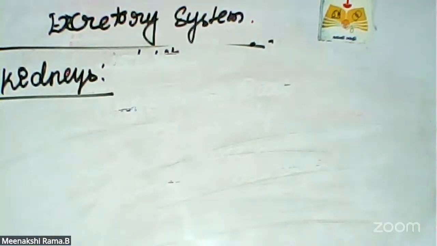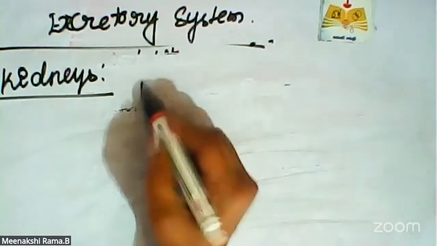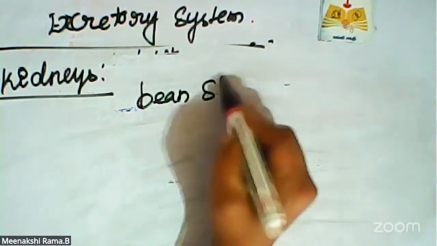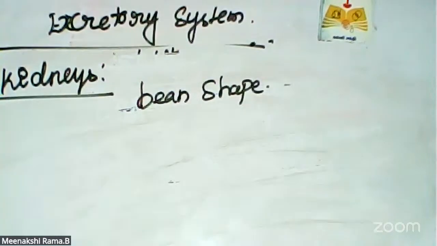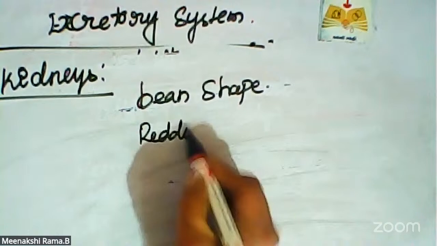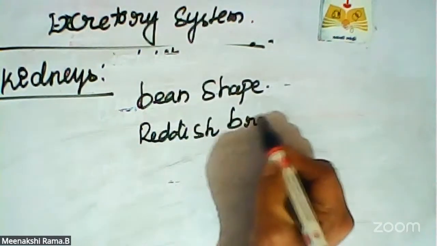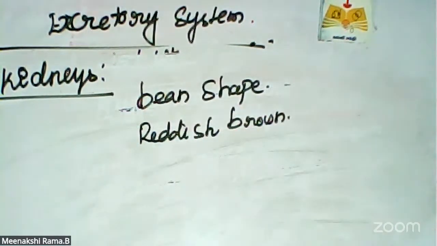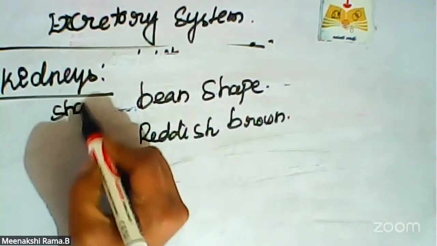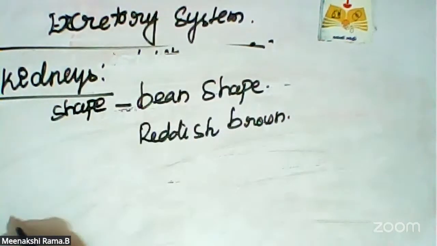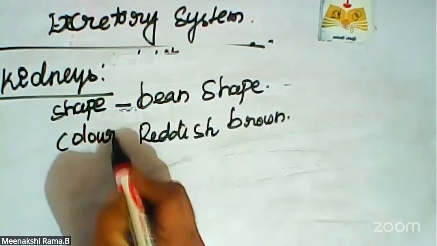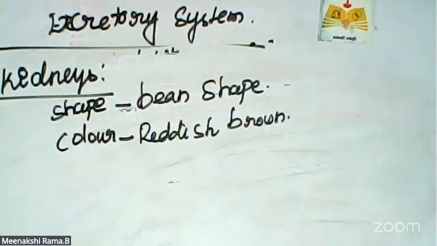Yes, the kidneys are bean-shaped organs and the color is reddish brown. The kidneys lie on either side of our vertebral column in the abdominal cavity.